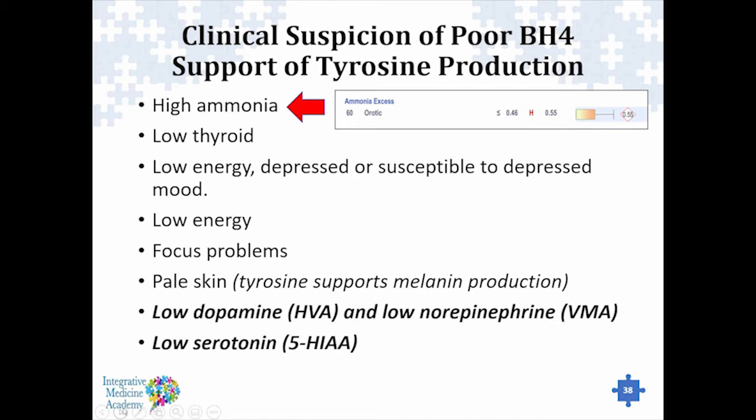High ammonia, although it's not absolutely definitive of just a BH4 problem, but a lot of times you'll see on the organic acid test a marker called orotic acid, or orotic, that indicates some ammonia excess, because high ammonia states can be linked to imbalances in this system as well.